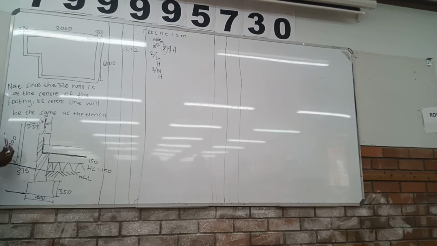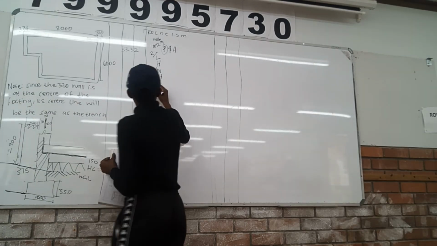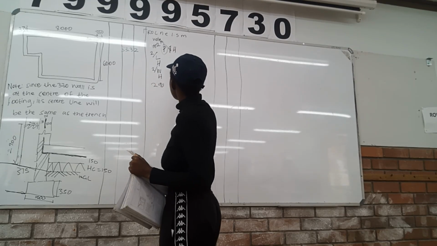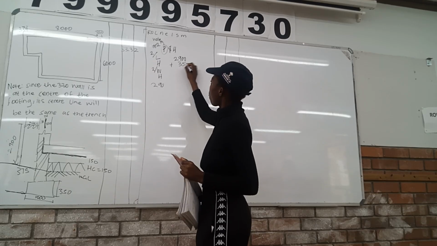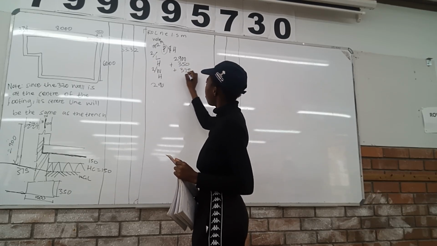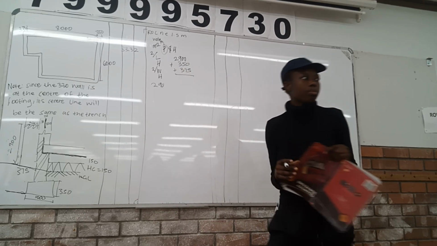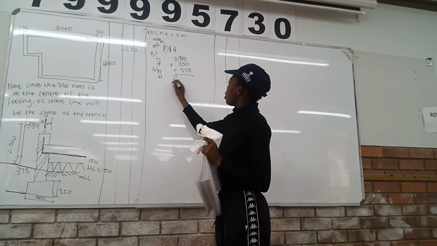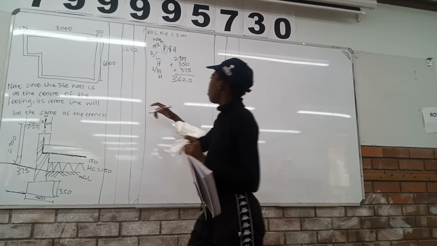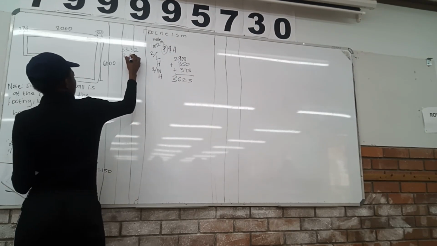You don't take this 2.9, it starts where the trench starts. So it's going to be 2.9 plus 350 plus 375. Get how many? 3625. So it's going to be 3.63.